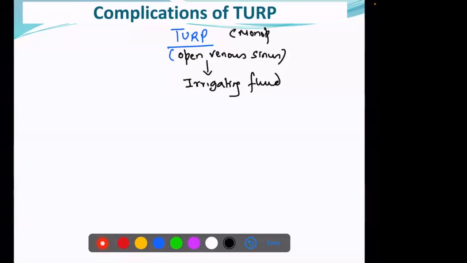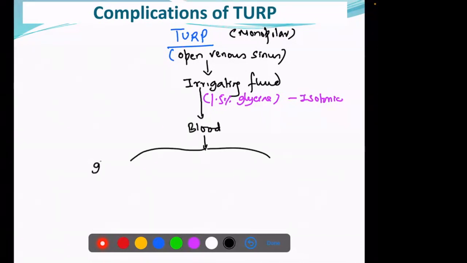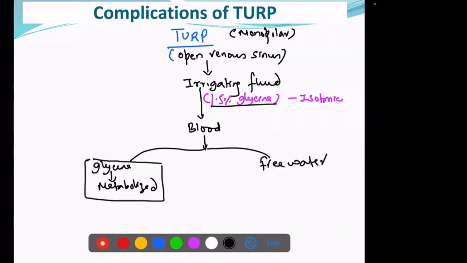Monopolar, very commonly used technique is monopolar. The irrigating fluid that we use is 1.5% glycine. So see here, when you use this irrigating fluid, this fluid will go inside the blood vessel. The glycine is metabolized such that only free water is left. The glycine is metabolized by the liver, whereas the free water remains inside the blood.